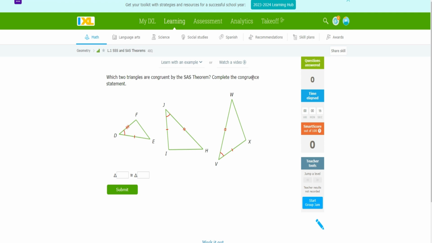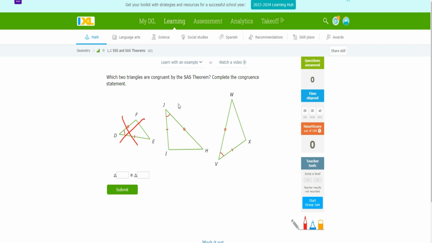And then we're going to complete the congruent statement. I am going to play the game of process of elimination, because I know for sure that, compared to these two triangles here, there's no way that this triangle is congruent to anything else in this example. So I'm going to X that out.